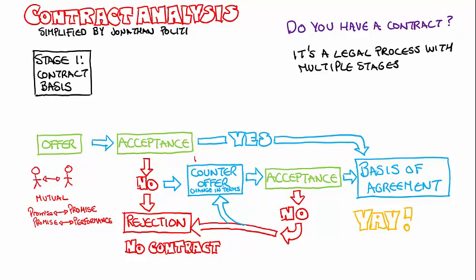This process can go on and on and on until you either get acceptance or rejection. All right, so you have the offer, counteroffer, then acceptance of the counteroffer. Great. Yay. You got the basis of an agreement. Let's move on.